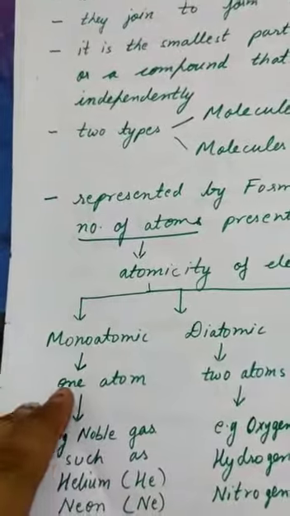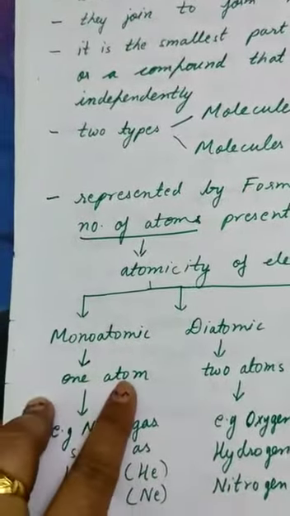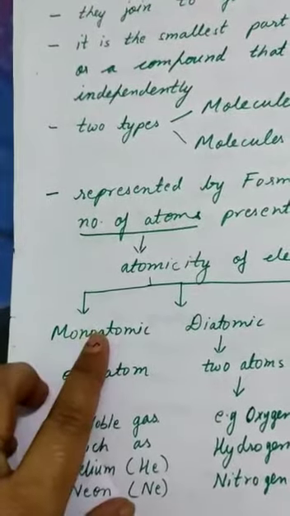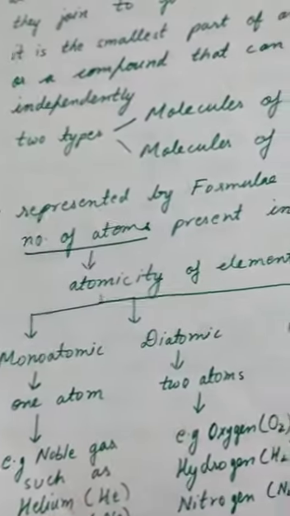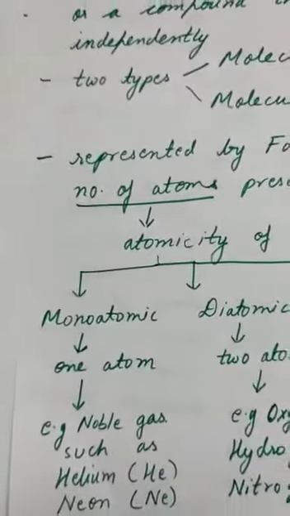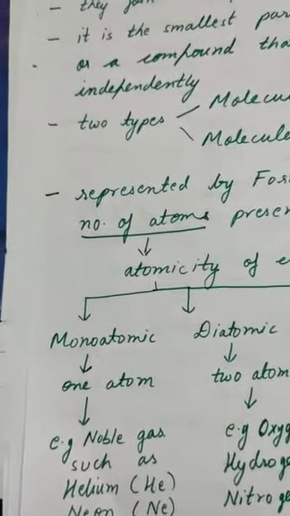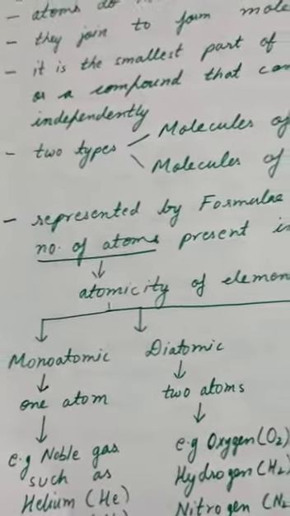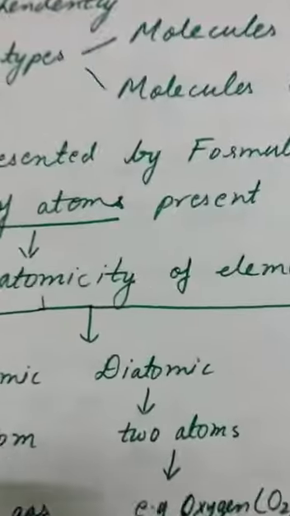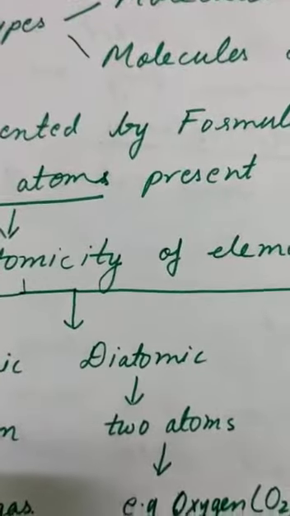When a molecule contains one atom, we call it monoatomic, and generally the noble gases such as helium and neon are monoatomic elements or monoatomic molecules. Similarly, diatomic, di means two.